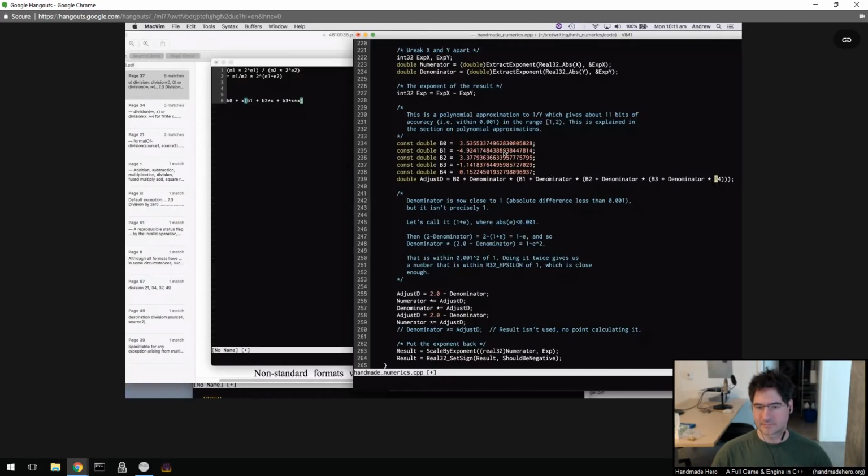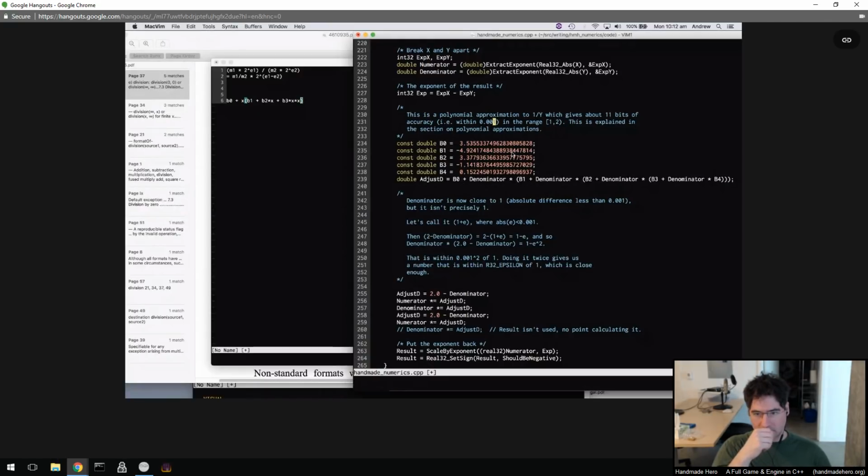Anyway, these are the coefficients of the polynomial, and this is a polynomial approximation of 1 on y in the range 1 to 2. These numbers look magic. They're not magic. They're just sufficiently advanced technology. But it gives about 11 bits of accuracy, within 0.01. Try it if you don't believe me.